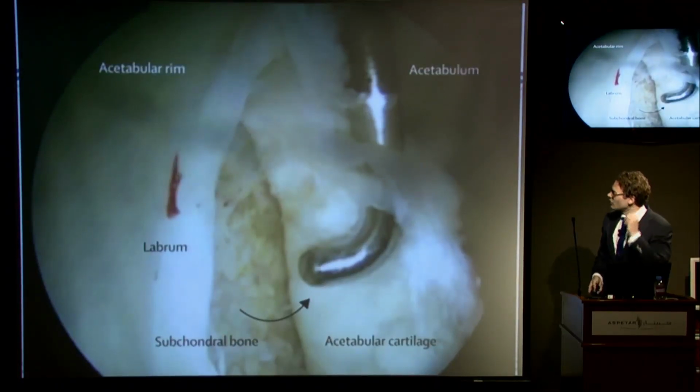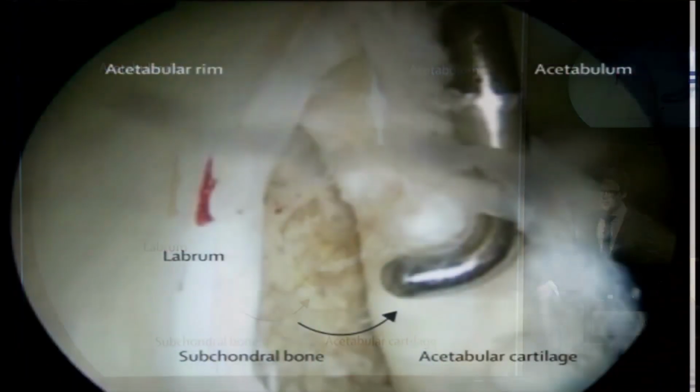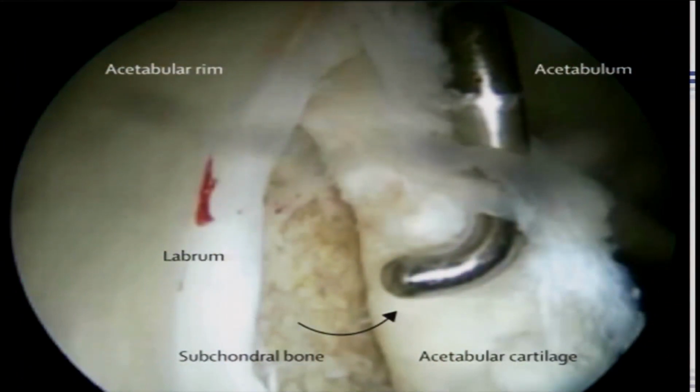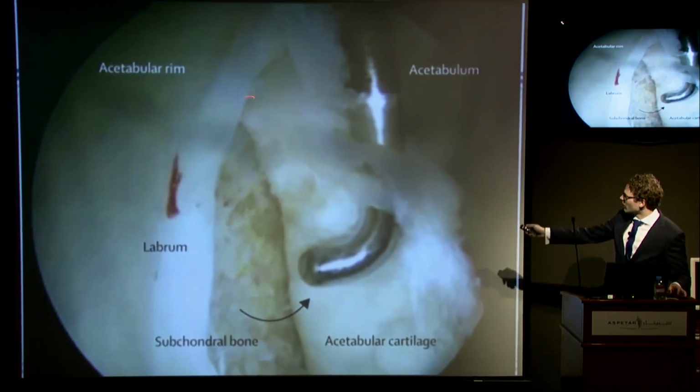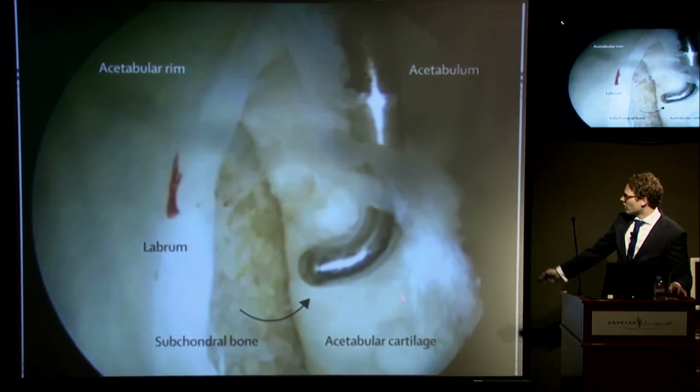And we can also see that during surgery. This is a picture of an arthroscopy in which you see here the acetabular rim with the labrum. And this is basically the acetabulum. And here is the cartilage and the subchondral bone.